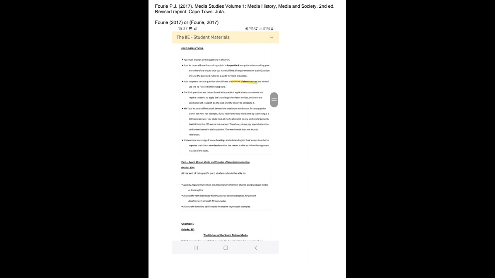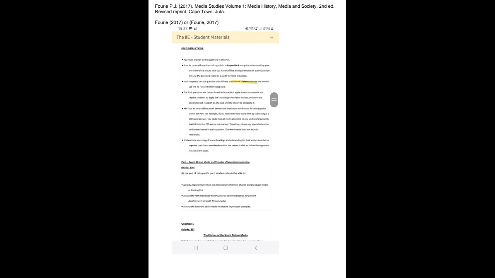So just make sure that when you are writing your answers, that you're not just, like I said earlier, regurgitating your textbook. What I'm going to be looking for when I'm marking is the discussion, the analysis, the breakdown. So presenting of facts, and then actually discussing and analyzing those facts.